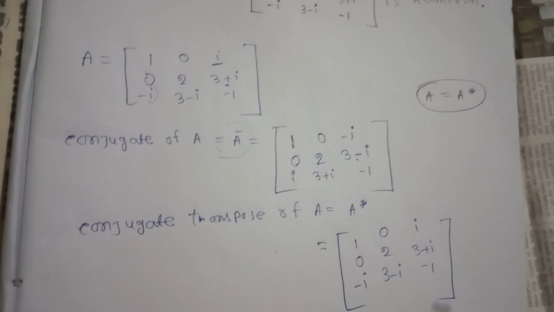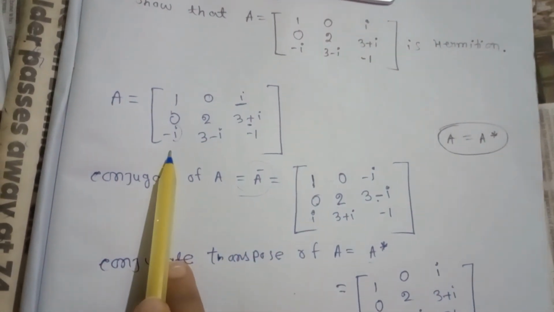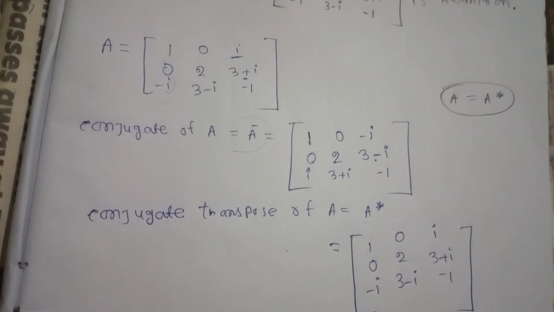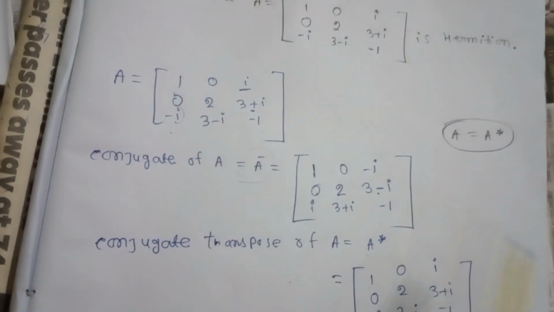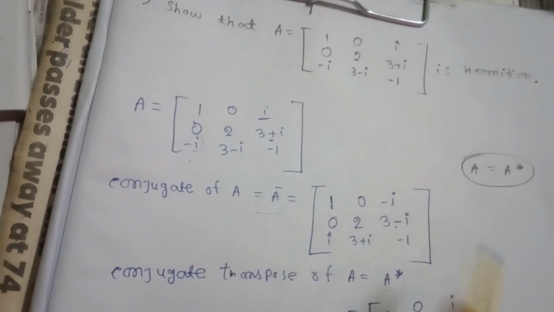So we see the matrix is 1, 0, minus i, 0, 2, 3 minus i, 3 plus i, minus 1.